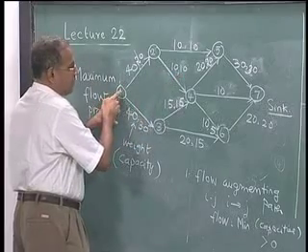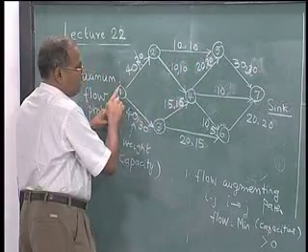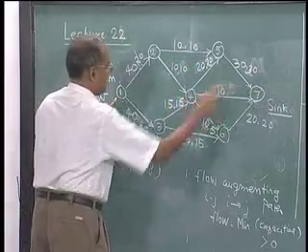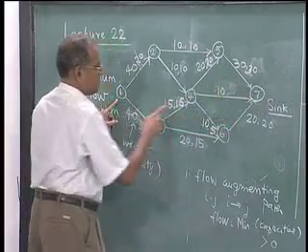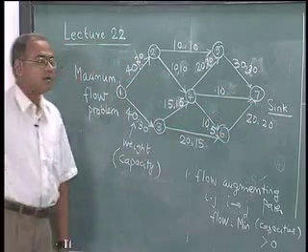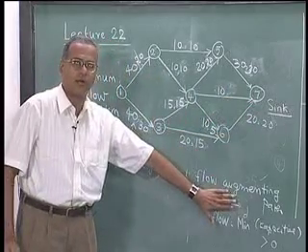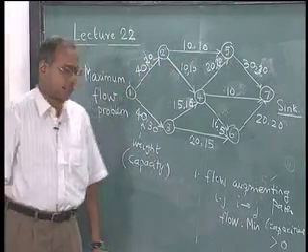Now, 1, 3, 4, 5, 7, this is exhausted. 1, 3, 4, 7, this is exhausted. 1, 3, 4, 6, 7, this is exhausted and 1, 3, 6, 7, this is exhausted. So, by this definition of flow augmenting path, we do not have any more flow augmenting path.